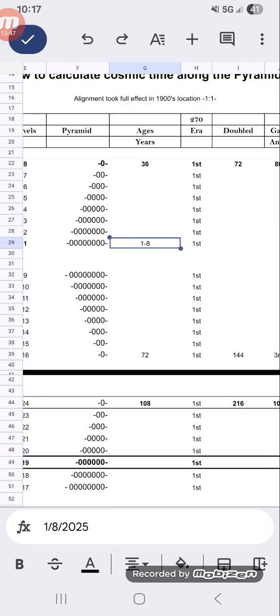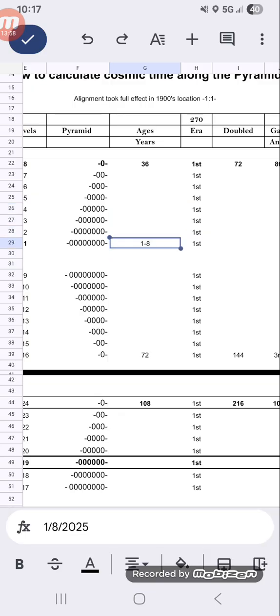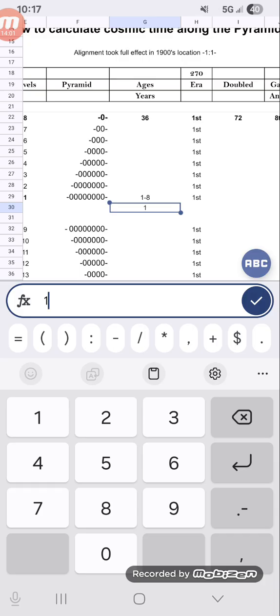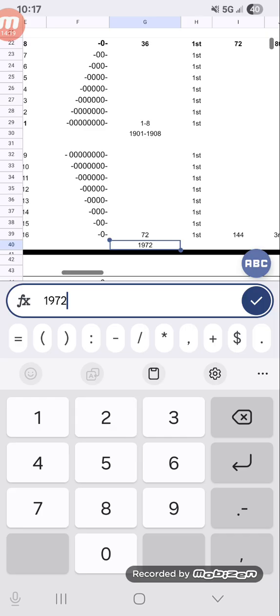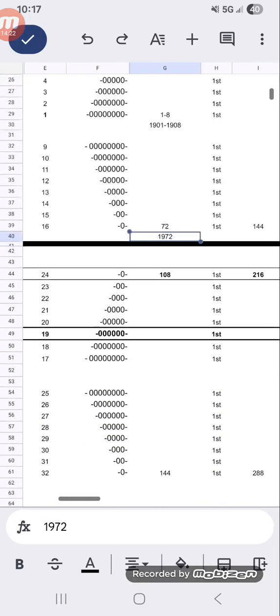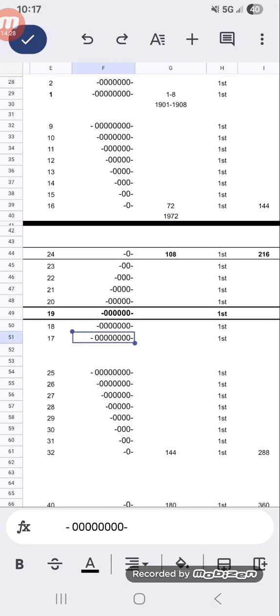If I started this chart in 1900 right here, it'd be 1901 through 1908. So that 1901 through 1908, and then this number right here would be 1972. Right here, 1972, 1973.